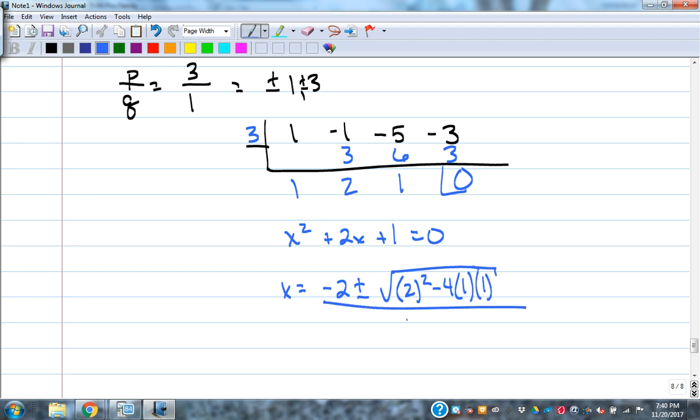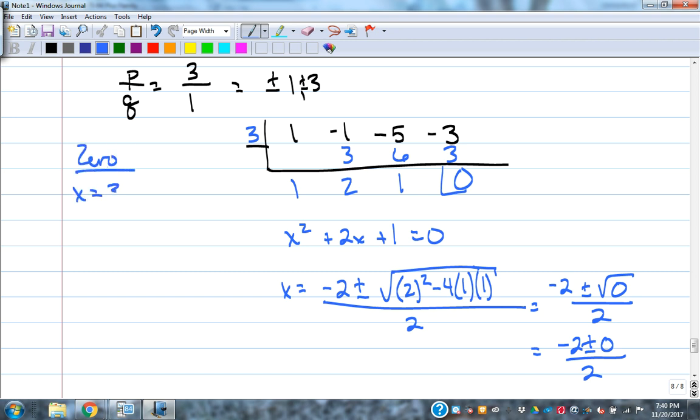And then work that out. So that's going to be negative 2 plus or minus the square root of 0. It's the square root of 0. What's negative 2 plus 0? Negative 2. So we got x equals 3.